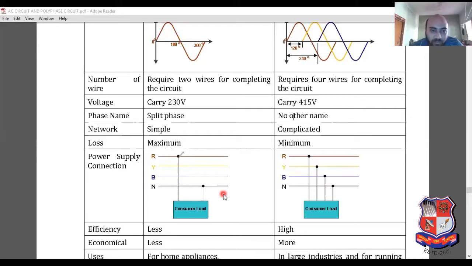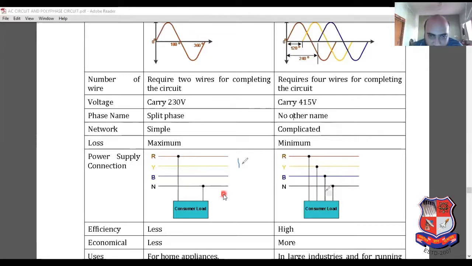Single phase supply means one phase and one neutral wire. This is a two wire system, rather I should say. Now three phase connection: all the phases are connected over here, three phase, and the fourth is the neutral wire. So it's called three phase four wire system.